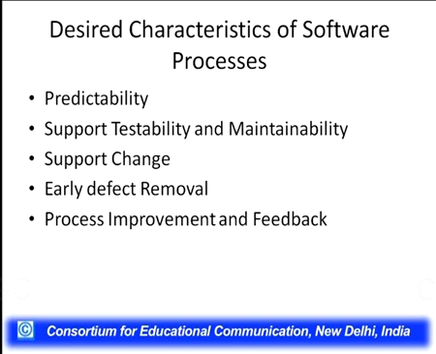The processes should also support change. The processes should enable early defect removal, and the process should improve on feedback. It should be a process which is constantly improving and evolving based on feedback or any kind of input from the other processes. So now we are going to look at each of these characteristics in detail.